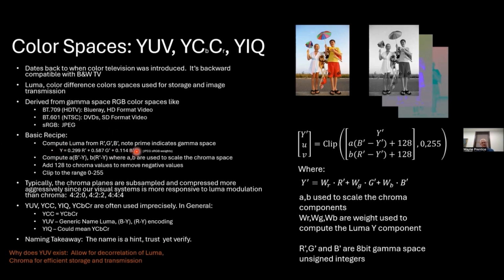by some spec for that color space, and then you compute these color differences, which is going to be blue minus the Luma and red minus the Luma with some scaling factor, offset, because this is going to be a signed number, right? If you subtract these two, you offset this, and so it biases it back up, so 0 is at 128, which means you end up with a color value between 0 and 255.